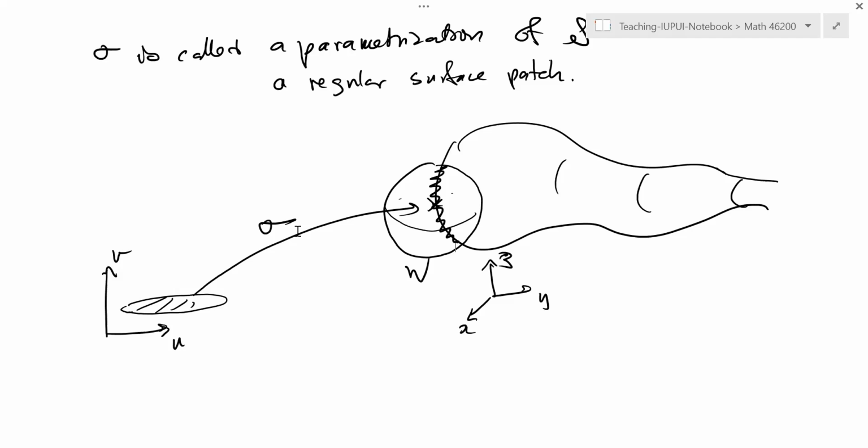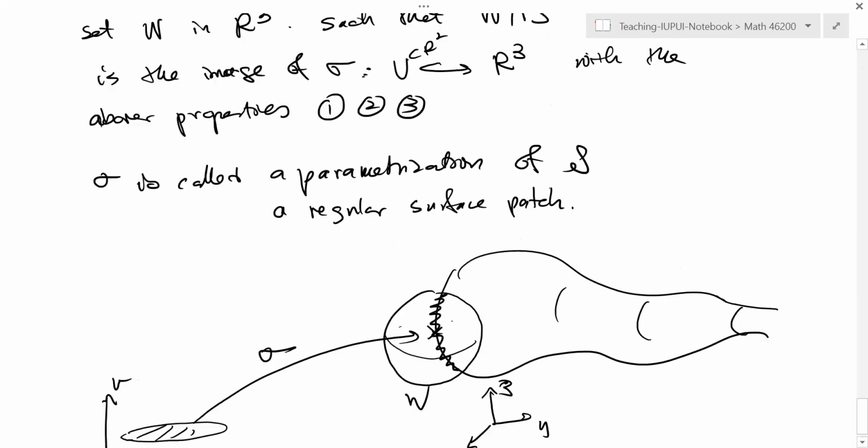Now clearly, a given surface is covered by regular surface patches, because every point you can have this. They're not unique. Even for the sphere, we can define many surface patches.